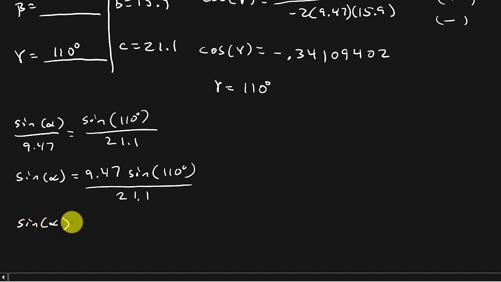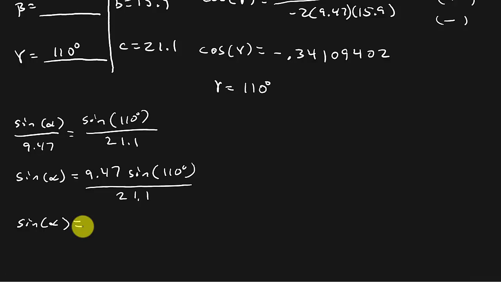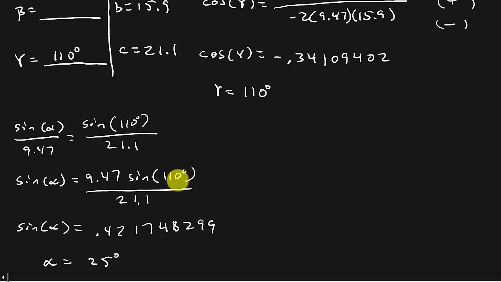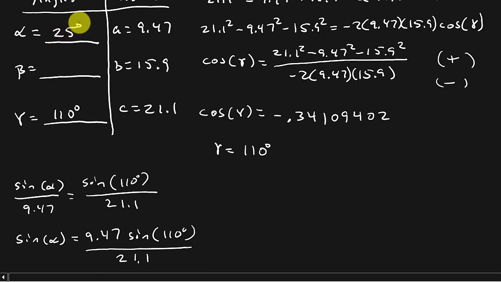So sine alpha is equal to, let me see, that's 9.47 times sine of 110 divided by 21.1. That is 0.421748299. So alpha, let's do the inverse sine of that. That is, I'm going to round it to 25 degrees. Okay.